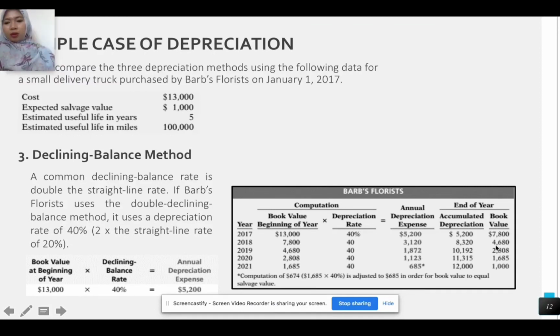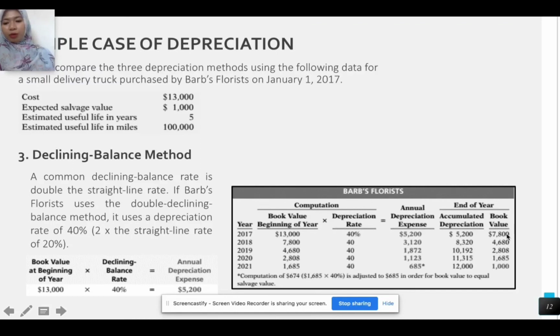So annual depreciation expense for the second year is $3,120. Accumulated depreciation for the second year is 5,200 plus 3,120. So accumulated depreciation for 2018 is 8,320.